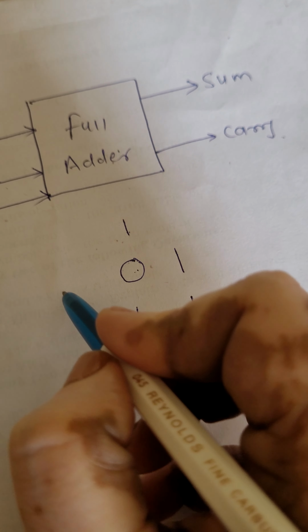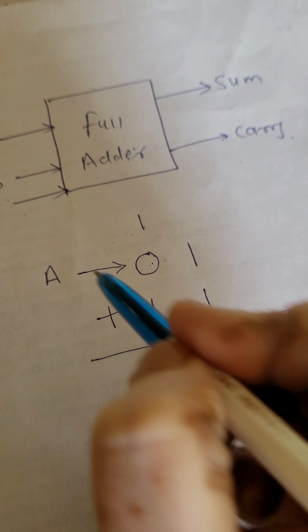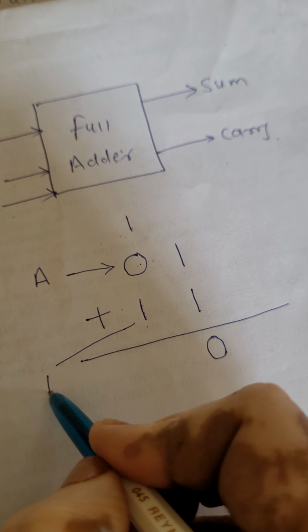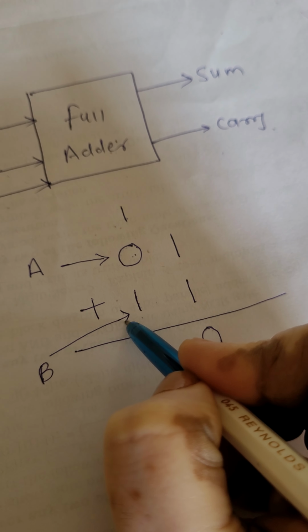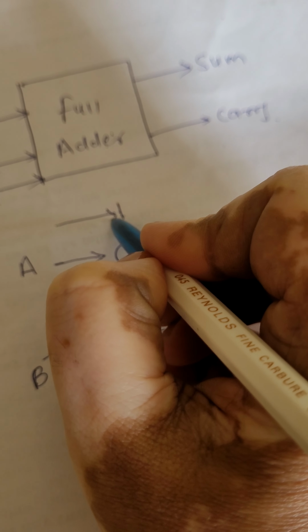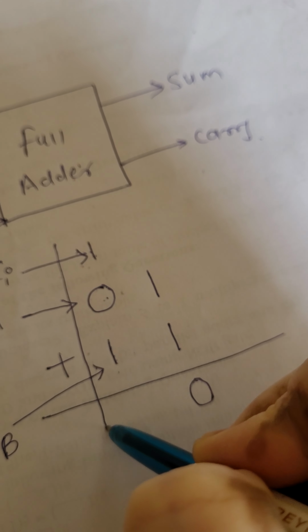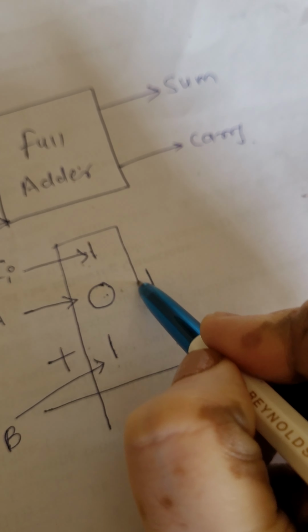So in order to do that, this is nothing but bit A, this is nothing but bit B, and this one which is generated in the previous column is called as a CI. And now to do all this addition, all these 3 bits I have to add.